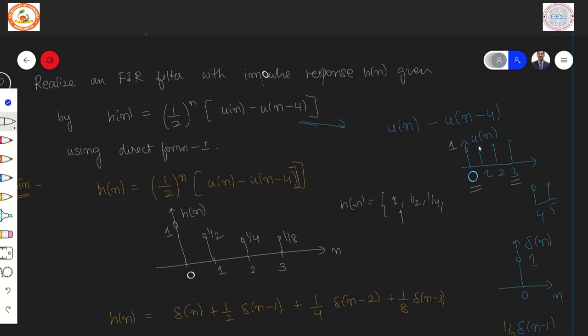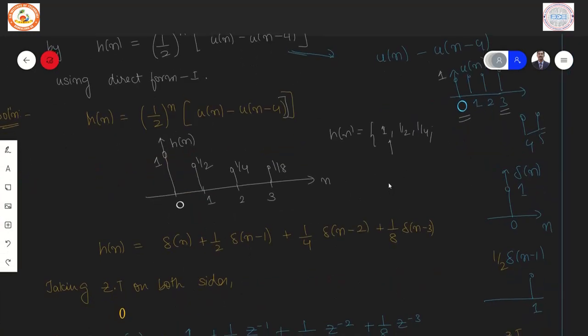So 1 by 2 into 1 is 1 by 2. Next, 1 by 2 square is 1 by 4 into 1 makes it 1 by 4. Next, for n is equal to 3, it is 1 by 2 cube, which is 1 by 8. Multiplied with 1, it is 1 by 8. Hence, we have obtained the sequence by simply solving the given expression.